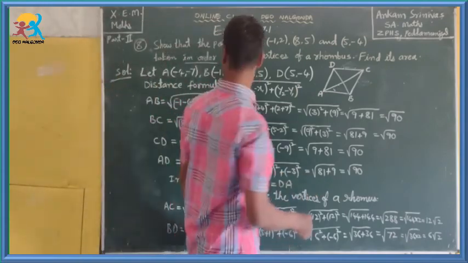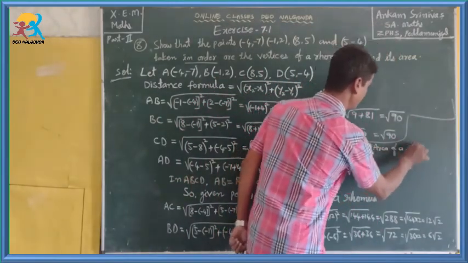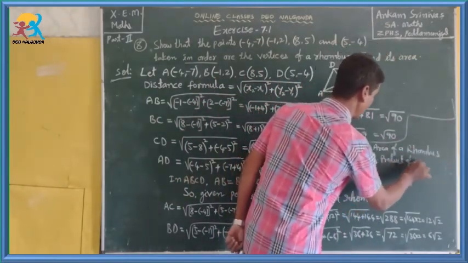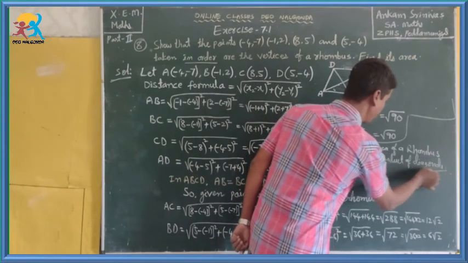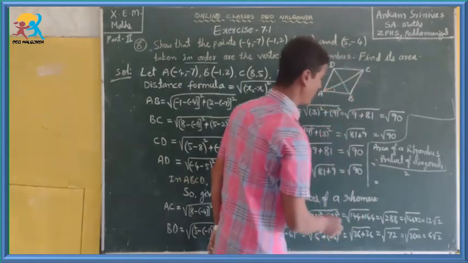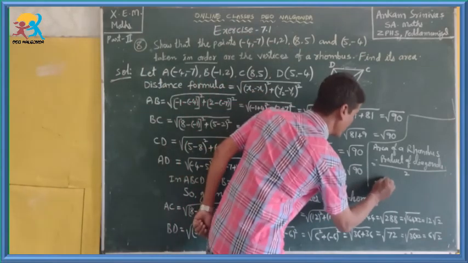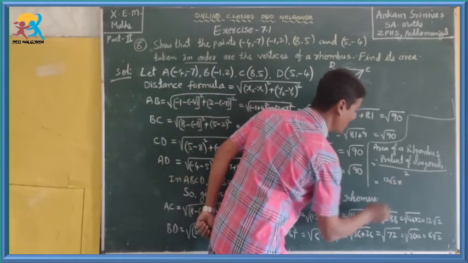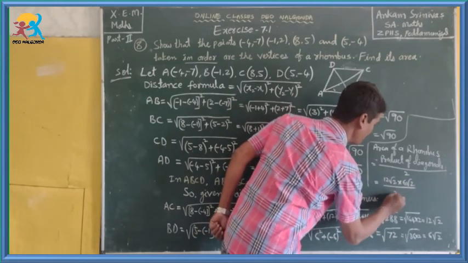Now, what is the formula? Area is the product of diagonals by 2. So, what is the product of diagonals? The first diagonal is 12 root 2 into the second one 6 root 2, by 2.